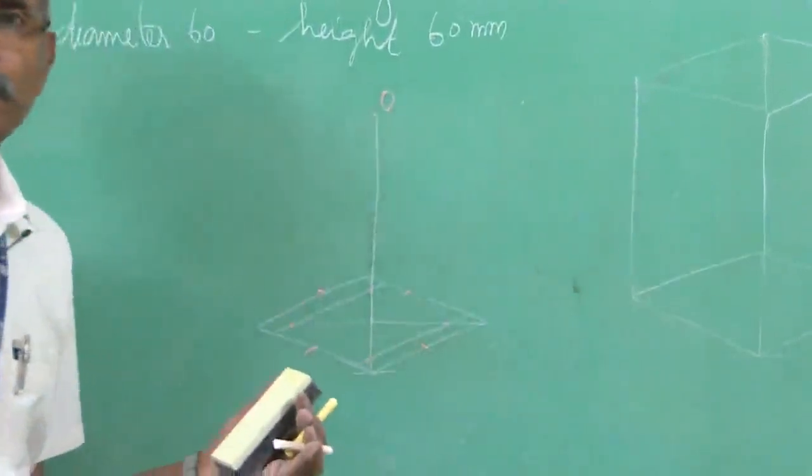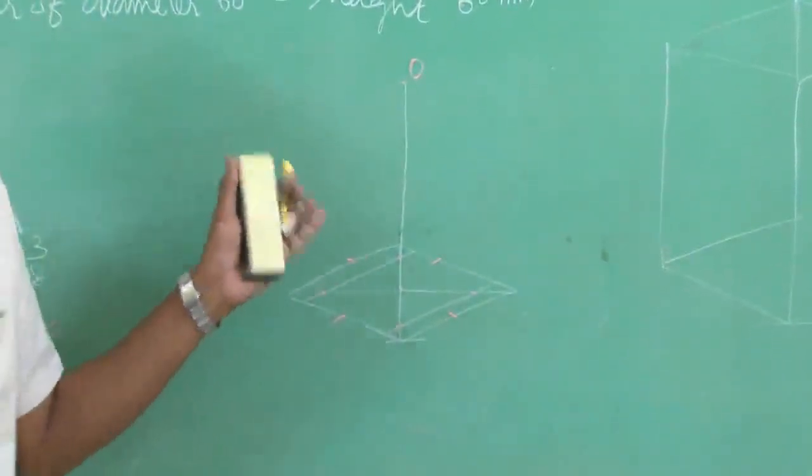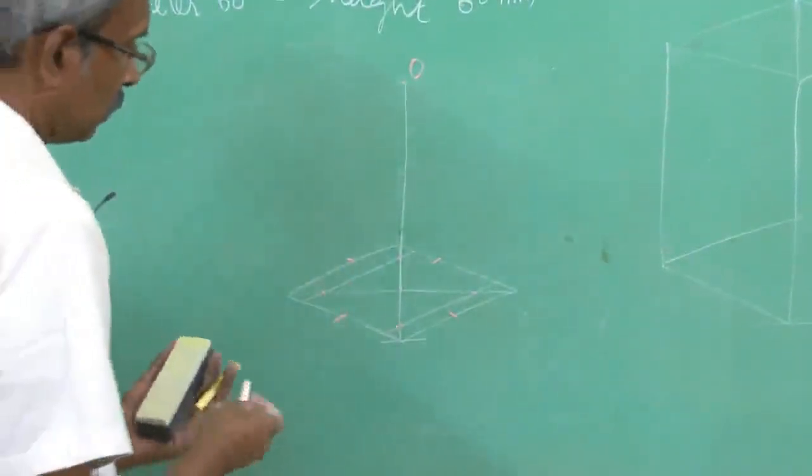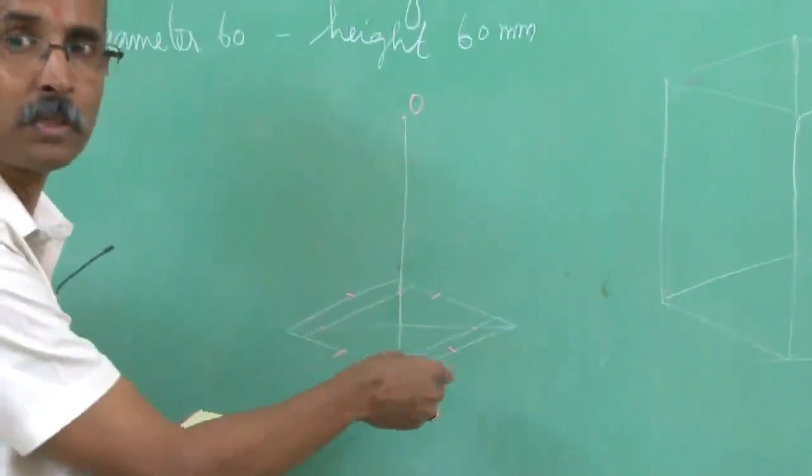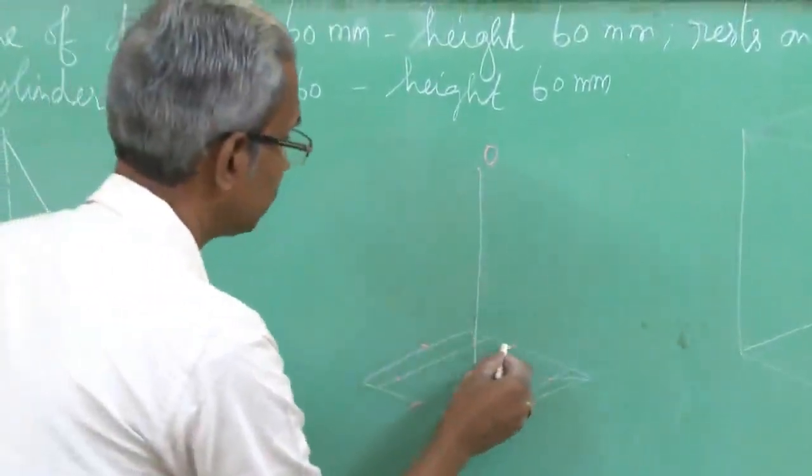So this will be the apex of the cone. Here I have already marked the point, so I will draw an ellipse on a thin line.